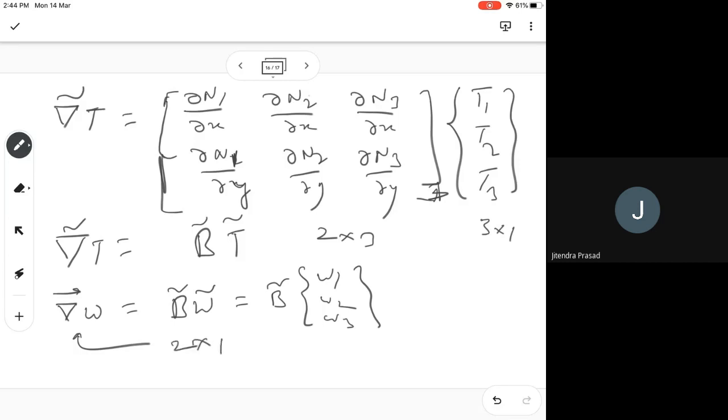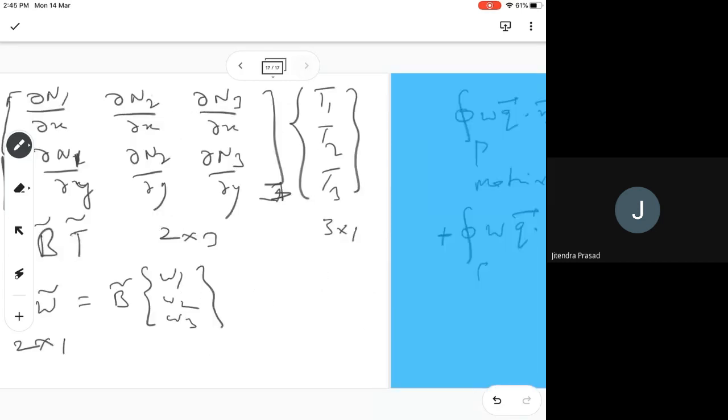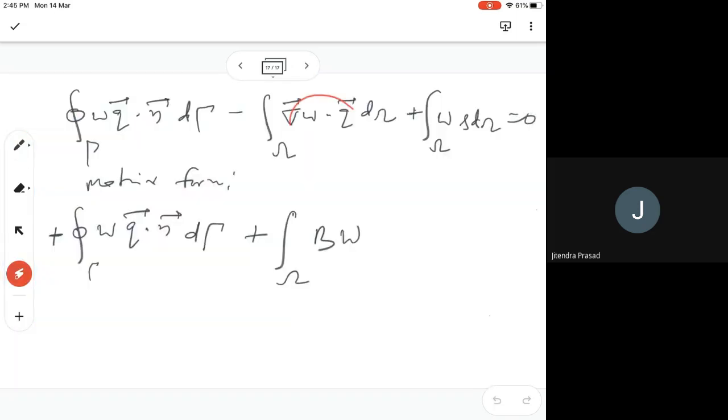But you know that both are dot product, finally it has to be in scalar form. So this BW will be transposed, because we are going to dot them. And this one is K del T, so we'll write K here.